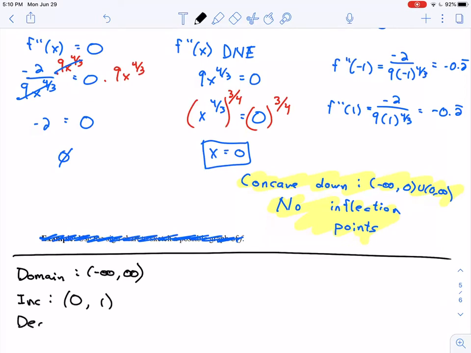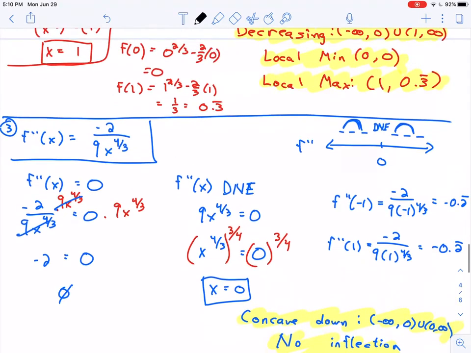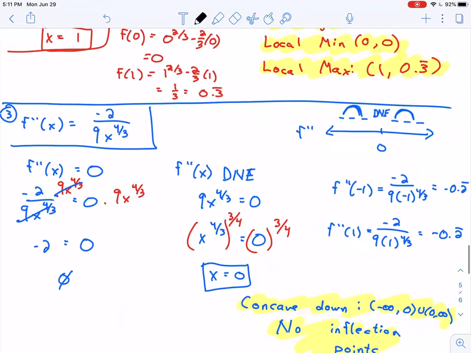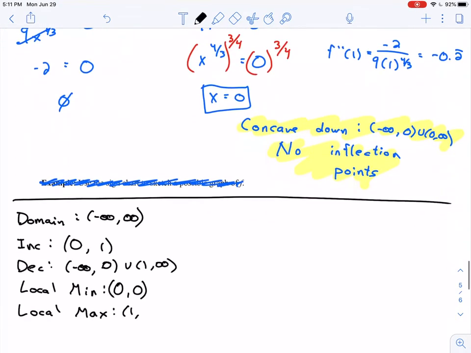It is decreasing everywhere else, so negative infinity to 0, and 1 to positive infinity. We said we had a local min right here at 0, 0. A local max at 1, I believe 1, 1/3. Yeah, 0.3 repeating.